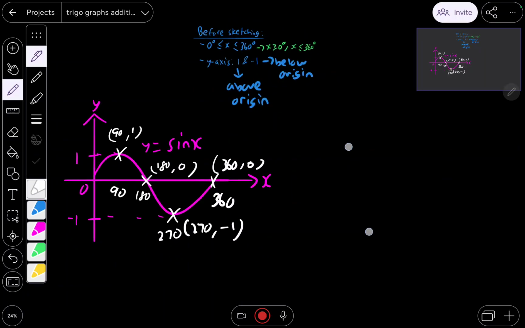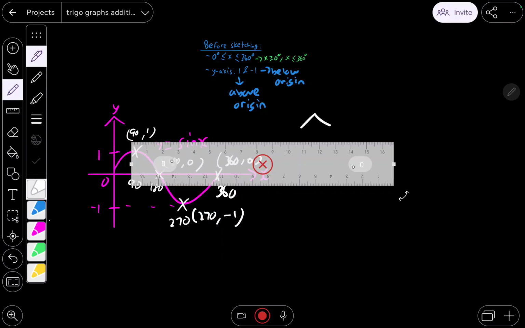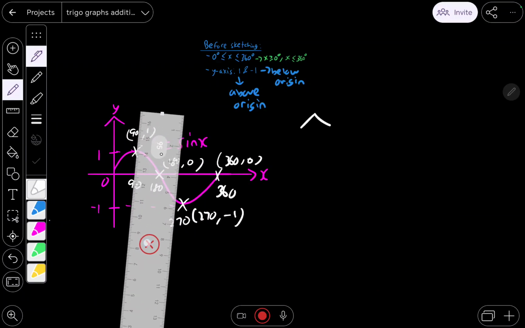Now let's draw in white. All right, y equals negative sine x. So this is a negative graph.